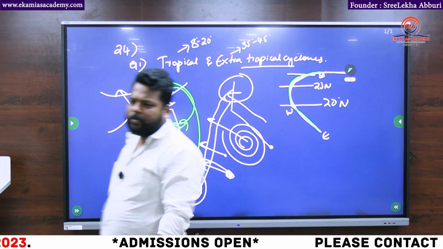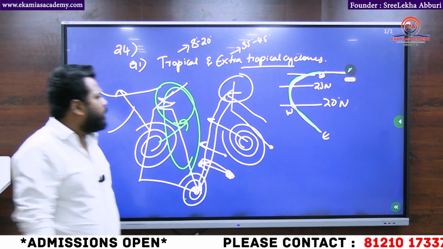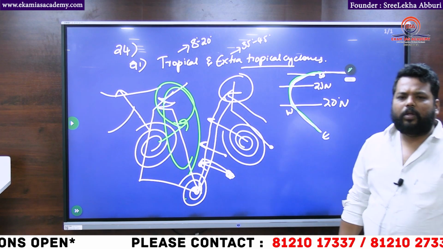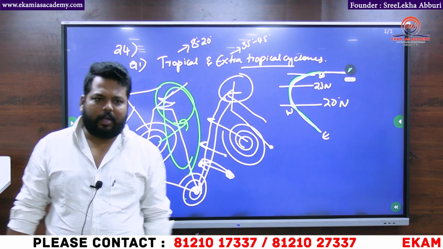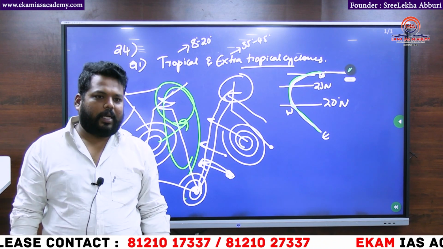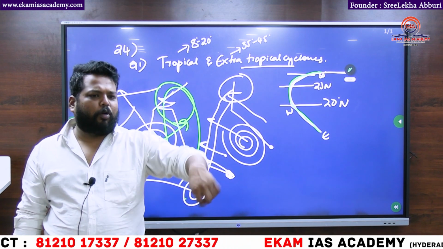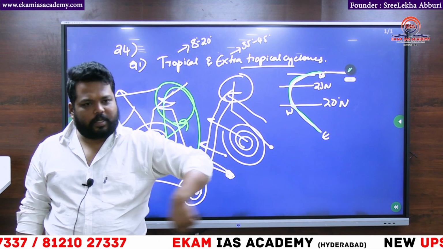Yes, Coriolis force. The basic definition: a cyclone is an atmospheric disturbance with a closed air circulation, having closed isobars surrounding high pressures at the outside and low pressures at the center, where winds move towards the low pressure.